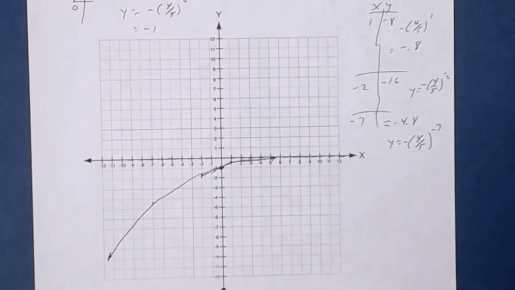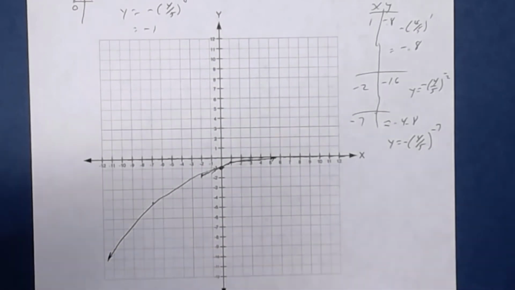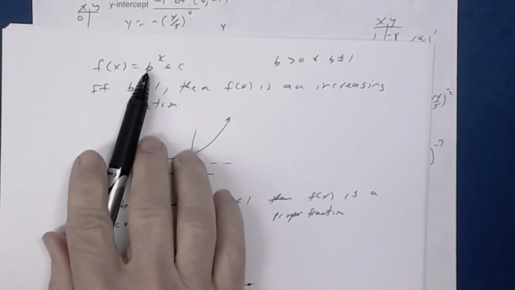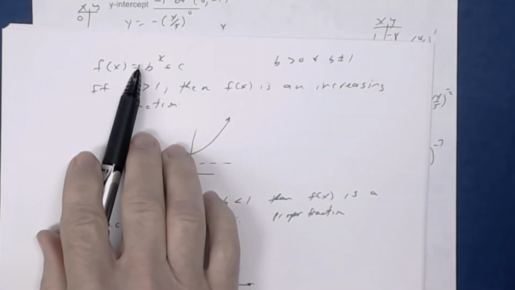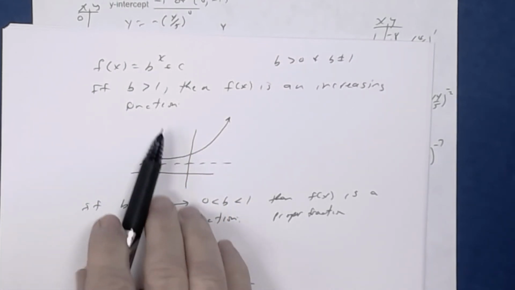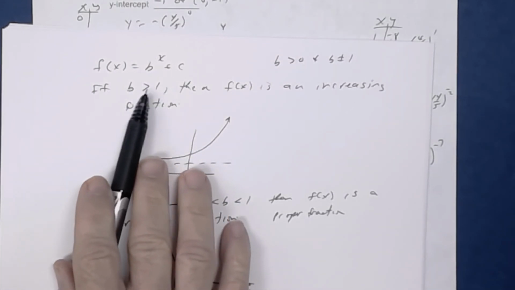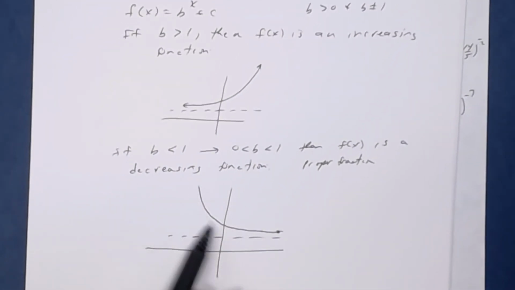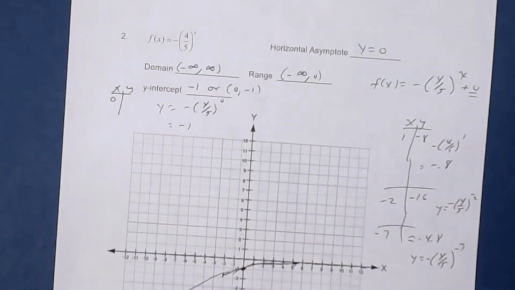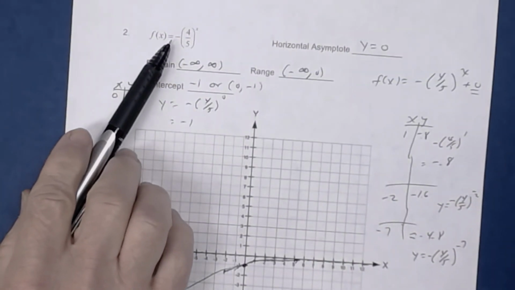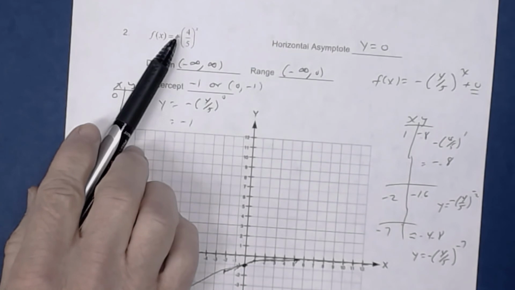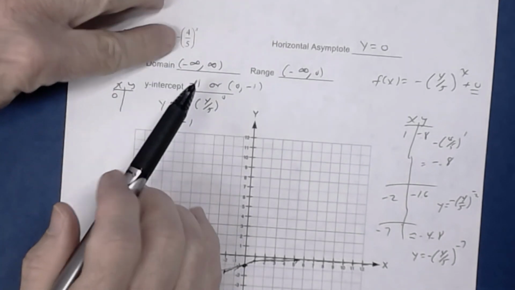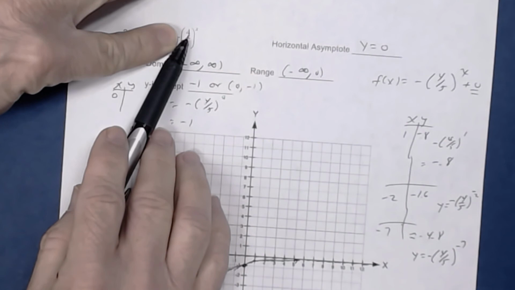Now what I want you to know is this. Listen carefully. For the function b to the x plus c, where the coefficient is positive, if the base is greater than 1, we have an increasing function. If the base is between 0 and 1, it's a decreasing function. But since there's a reflection, I would think of it this way: without that negative, this would be decreasing.